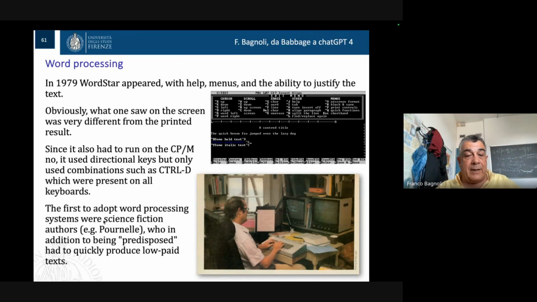So there were a lot of different solutions. And the first professional users of this system were journalists or people paid very little for a lot of text. So they had to develop a way of quickly producing a lot of text.